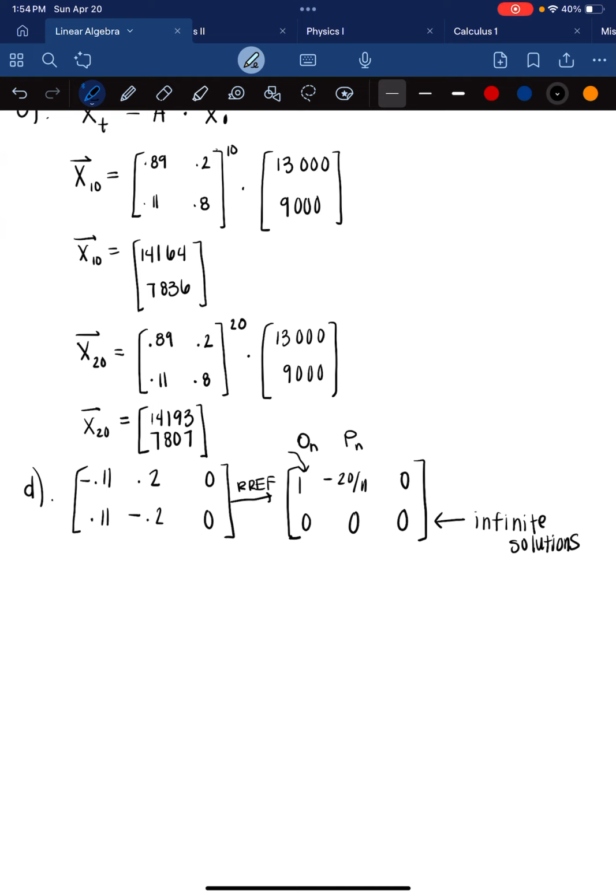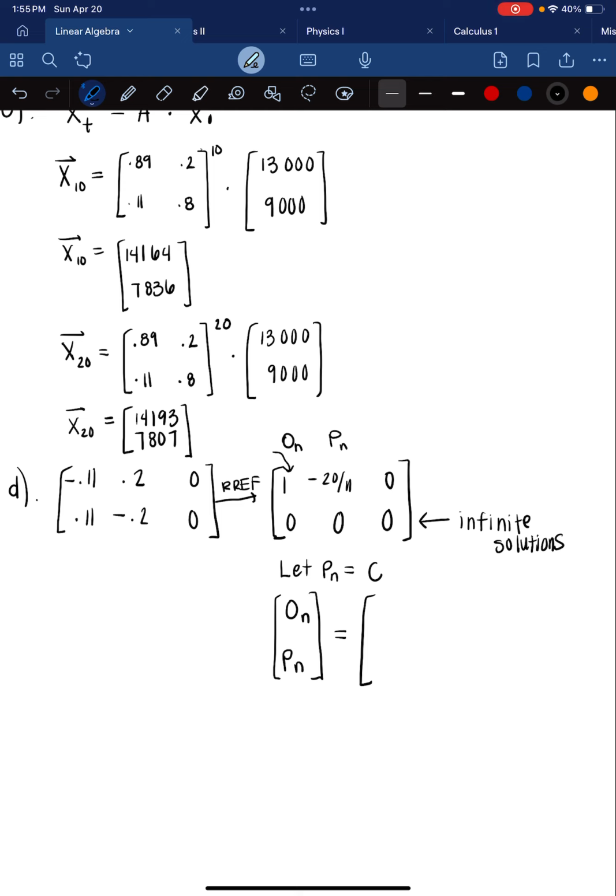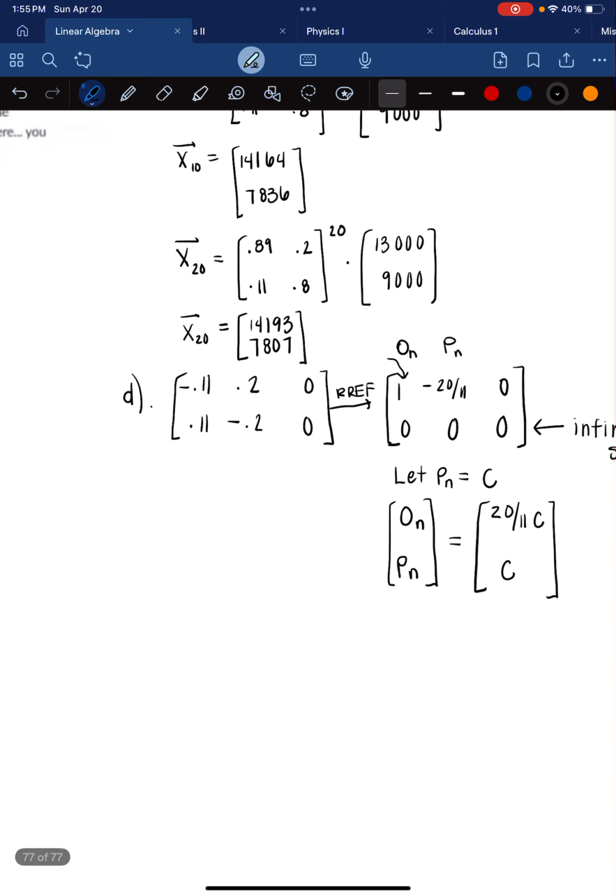So this means that we're going to let P equal C, which means that office equals 20/11 C, and P equals C. So we know that O plus P has to equal 22,000.